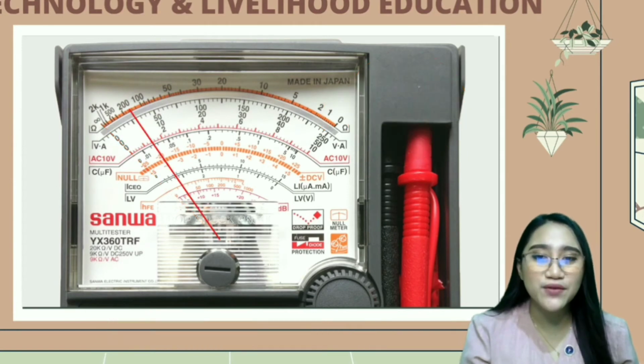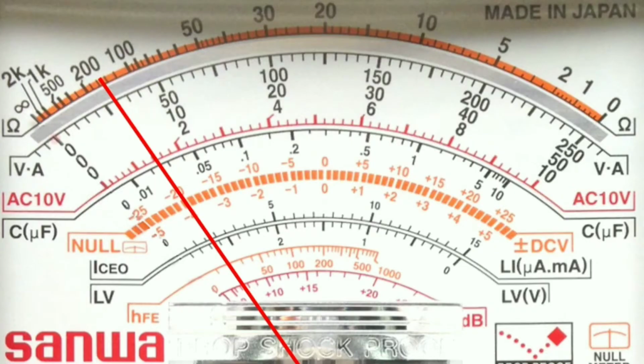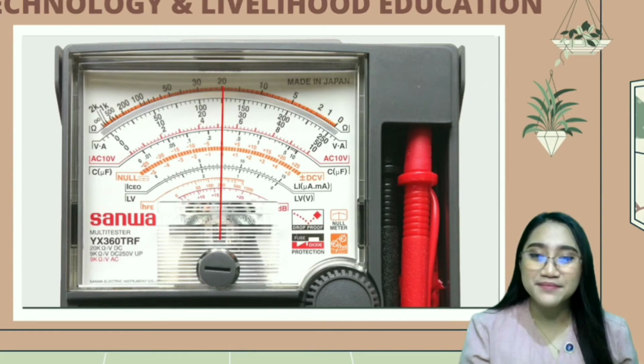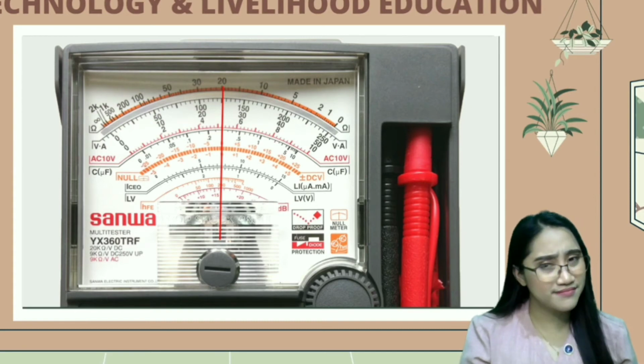Now let's try to read this. 0, 5, 10, 15, 20, 25, 30. There is 30 volts in our reading. Did you get it? Let's try another example. What is the reading if our needle points here?